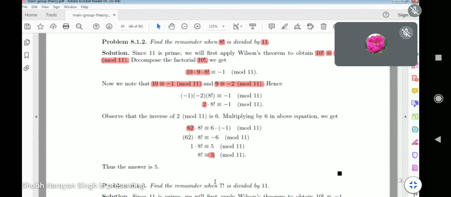Now, again I give a number, 7 factorial, and I ask for the remainder when 7 factorial is divided by 11.